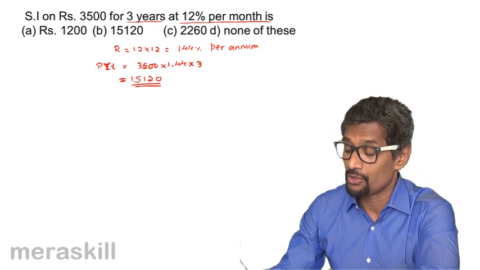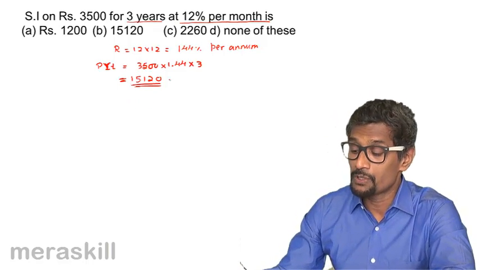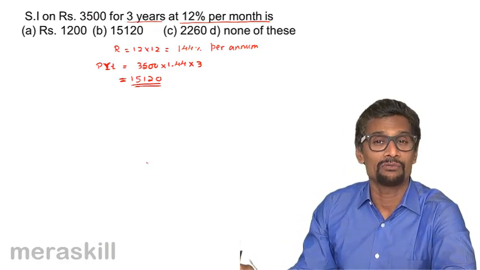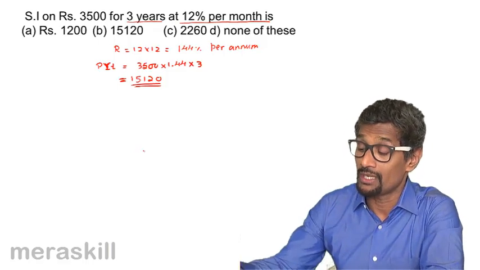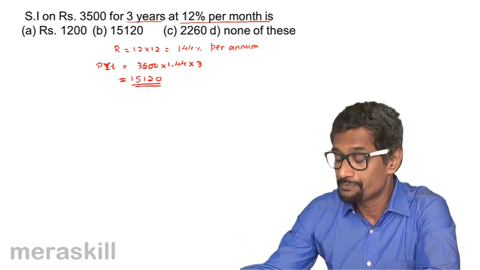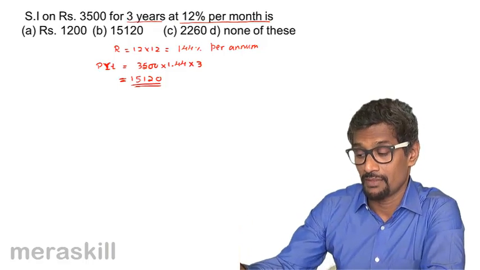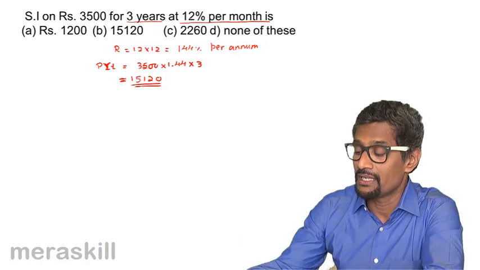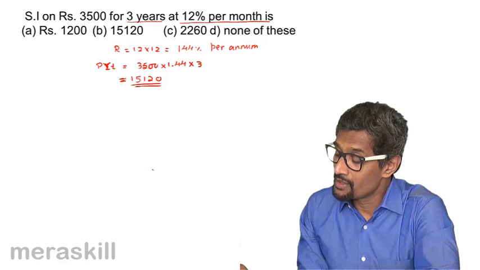Anyway, this is the value. So the interest itself is 15,120, and of course the principal, the amount that he is going to get back, is 3,500 plus 15,120. This example has been given mainly to make you understand how we need to convert the monthly interest rate to yearly, or else convert the years to months. Hence you can convert 3 years to 3 into 12, that is 36, and leave the rate as just 12 itself. Okay, fine.